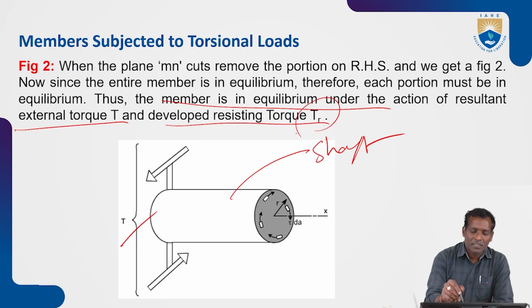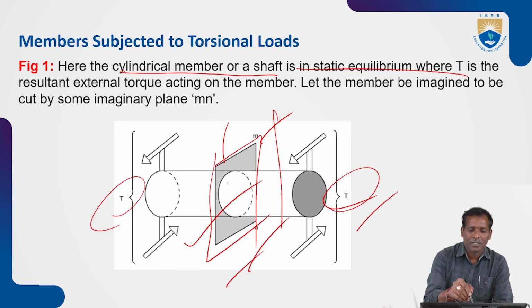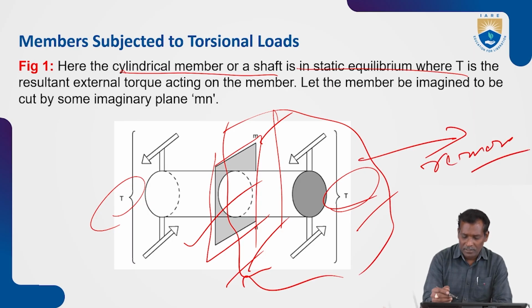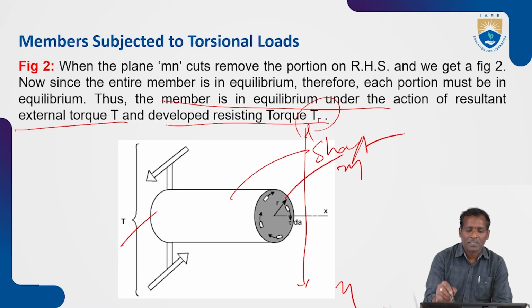See, at this section, already sectioned by the Mn plane in the previous diagram, we cut and removed the right hand side portion, and then see the cross section view. You can see the radius and tau applied at a small elemental area you have taken, that is dA.